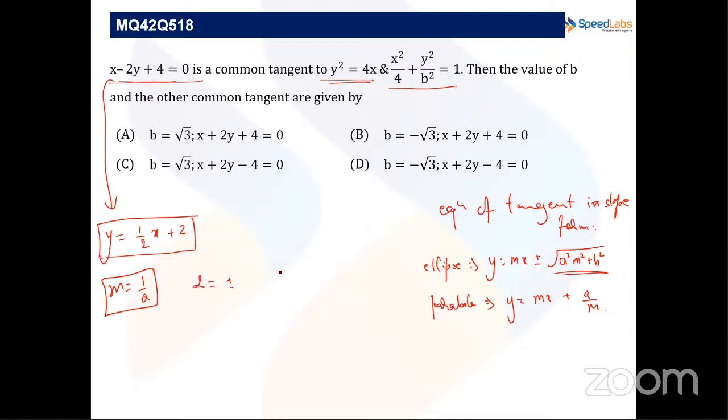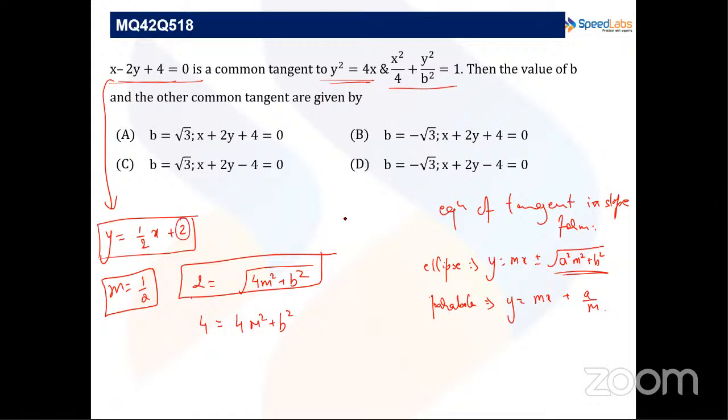Then 2 equals plus minus under the root a square m square plus b square. A square is 4 and b square is not given, so we need to find it. So that will be 4 equals 4m square plus b square.